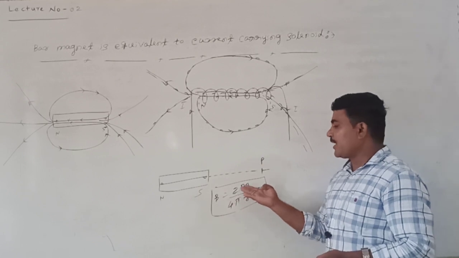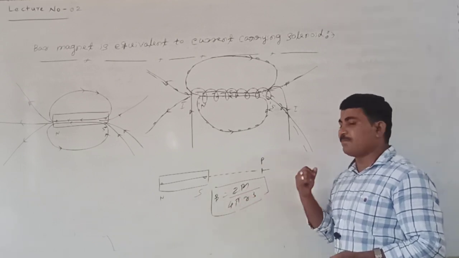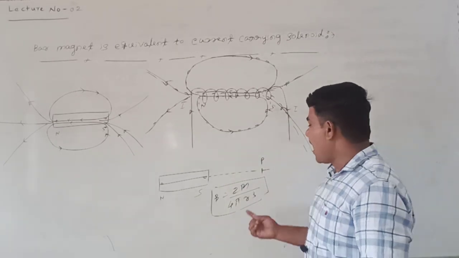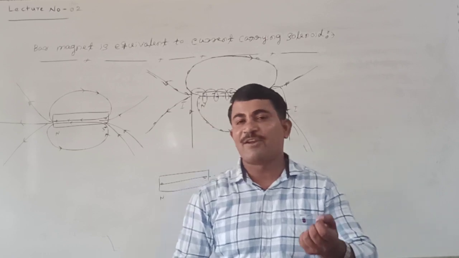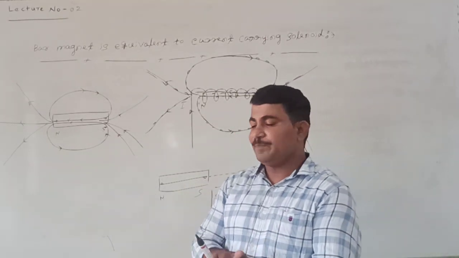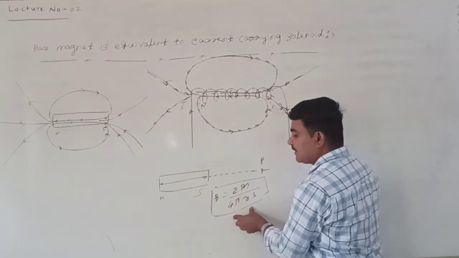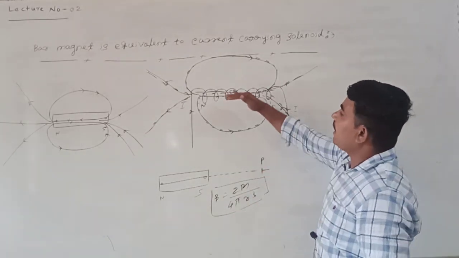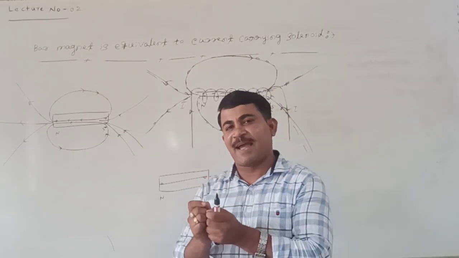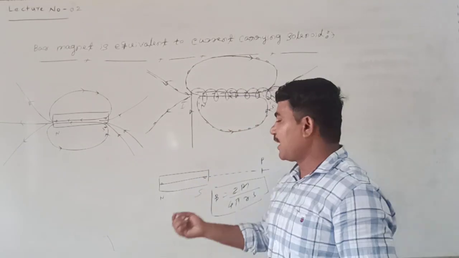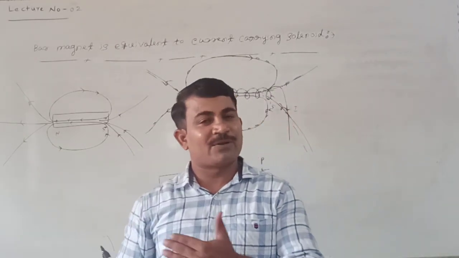B is equal to 2m divided by 4 pi into R cube, where m represents the magnetic dipole moment and R represents the distance at which we are calculating the value of the magnetic field. If along the axis of the bar magnet we found this value, then along the axis of the current carrying solenoid we must find the same value. Then you can treat the bar magnet as equivalent to a current carrying solenoid. That we are going to prove.